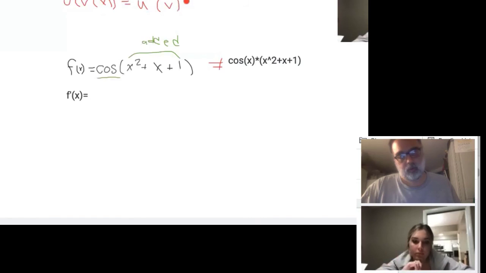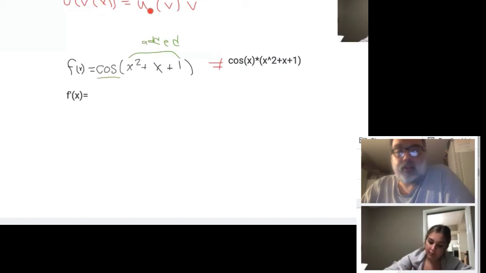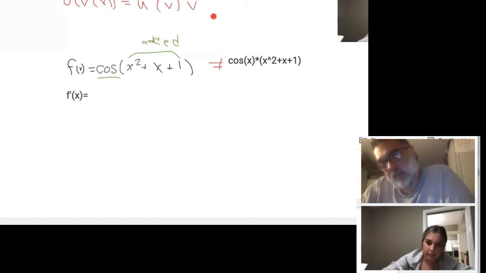The stuff in the parentheses. Right. So the cosine, we're putting that stuff into. So we're going to want the derivative of cosine with that same stuff in the parentheses. And then we multiply by the derivative of the stuff in the parentheses.